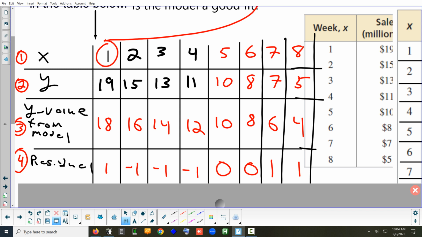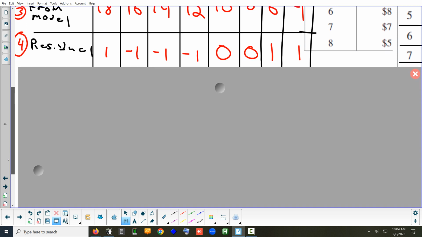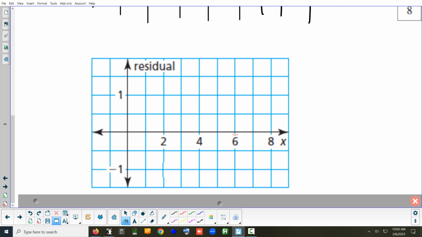Okay, and that's everything that you should put for the table on the left. Does everybody have that table filled in? Okay. Now, what we're going to do is make a picture of the residuals, and that's going to basically show us how far away they are.